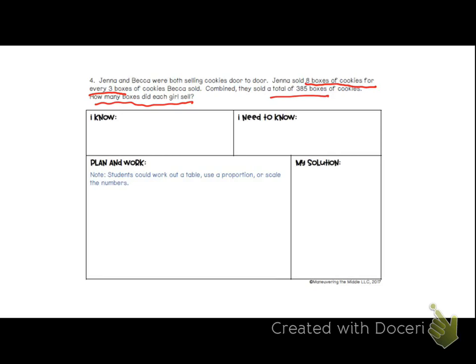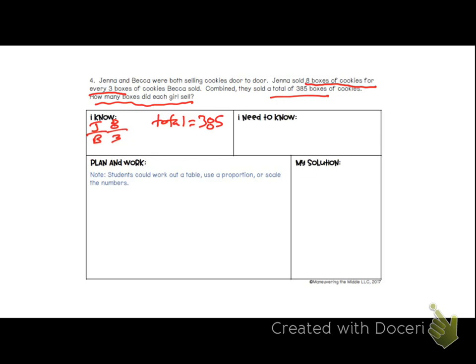So here's what we know. We know we have Jenna to Becca, 8 to 3. That was what was given. We also know that there was a total of 385 boxes sold. All right, so this is talking about a total.